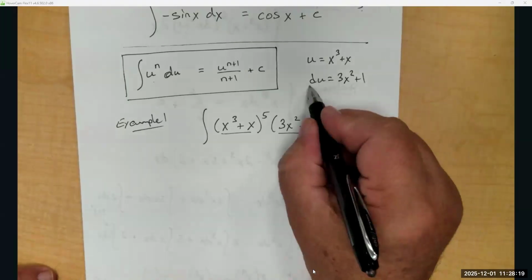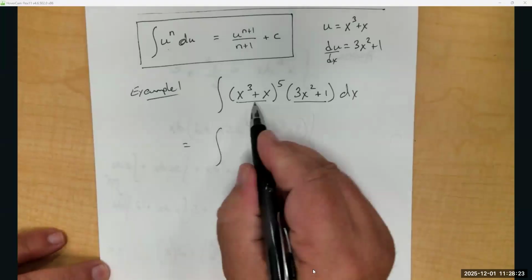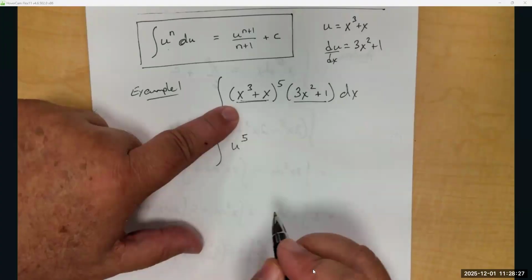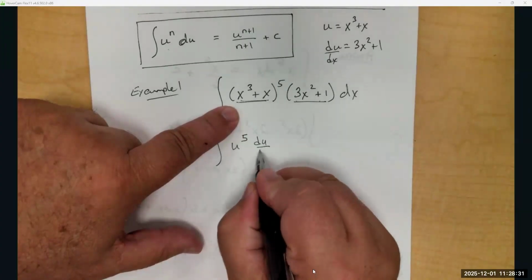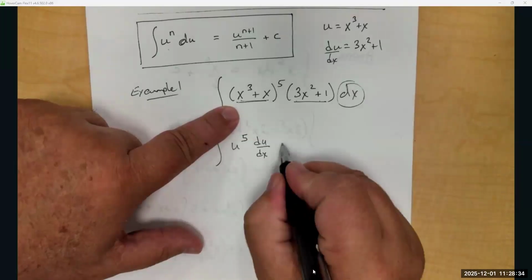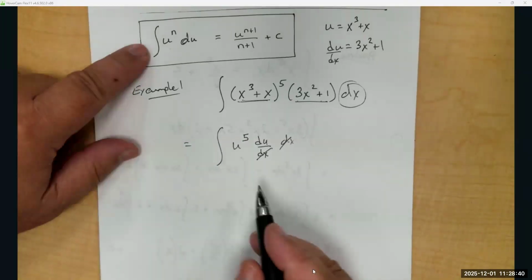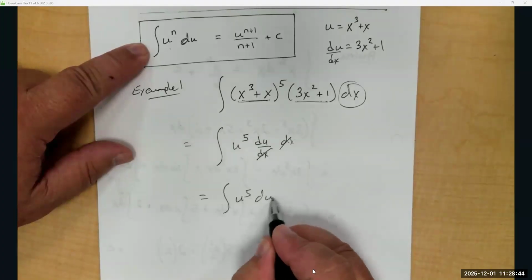Yes, since it's with respect to x. So what we have here is our u to the 5th, and this is du dx. So those cancel. Not really, but we're making it look like this now. So we have the integral of u to the 5th du.